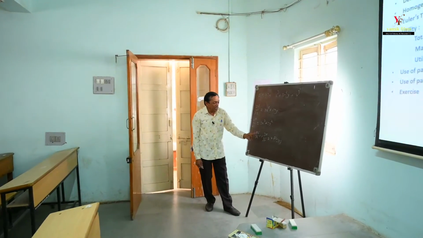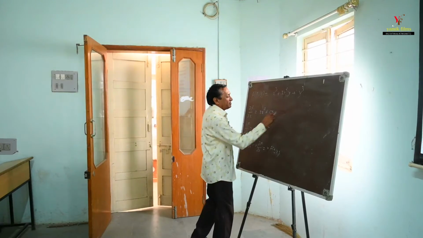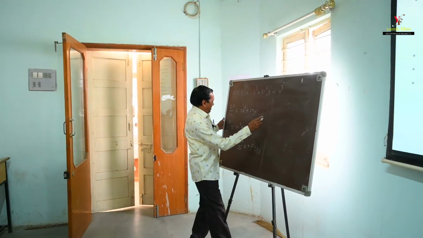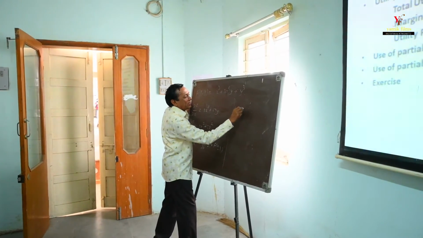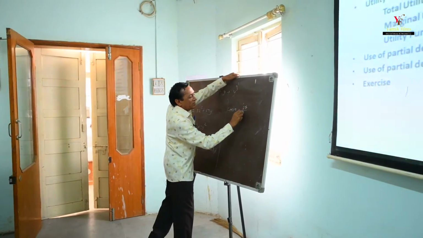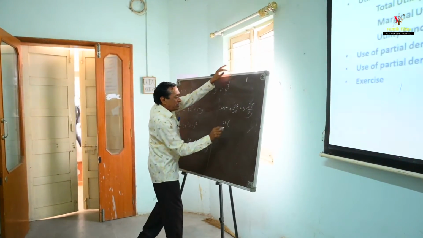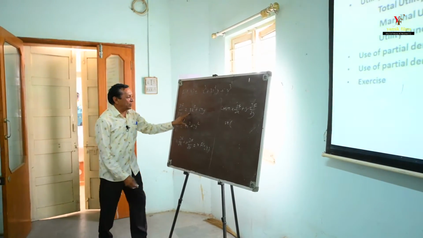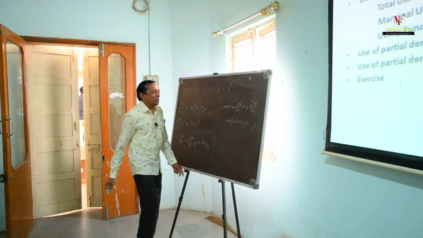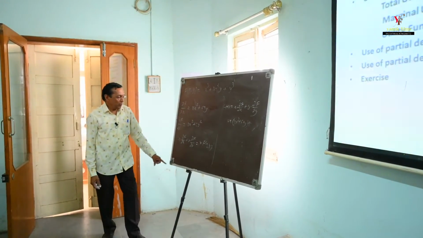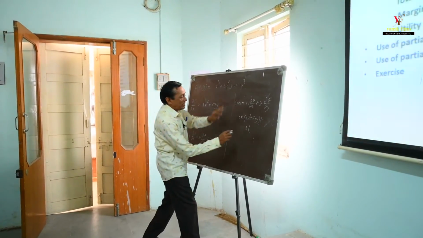Then x into ∂f/∂x, y into ∂f/∂y. You can put the left side as x ∂f/∂x plus y ∂f/∂y. That is x into 3x square plus 6xy, plus y into 3x square plus 3y square.